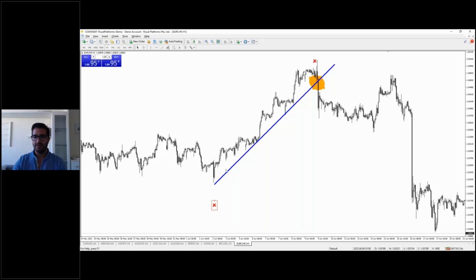Here you use it first when the market is moving to the upside, so it showed you we are in an uptrend. And once we have a breakout, most probably we will see after the breakout a change of direction, and this is what happened. A move to the downside, a huge or deep correction.